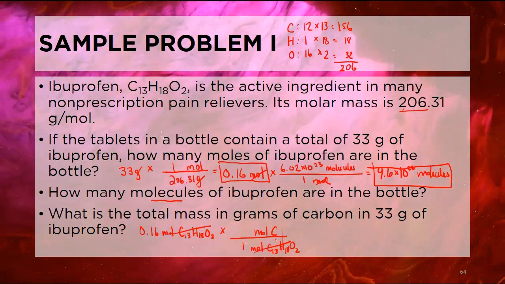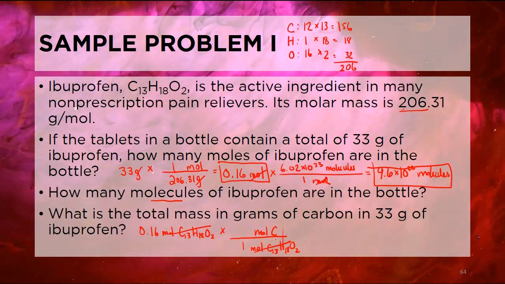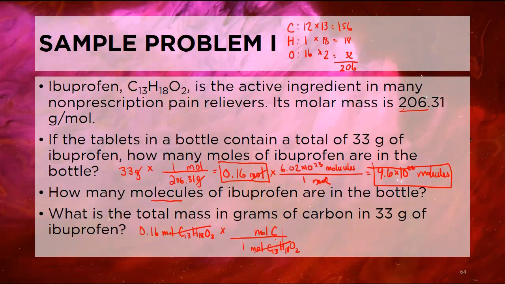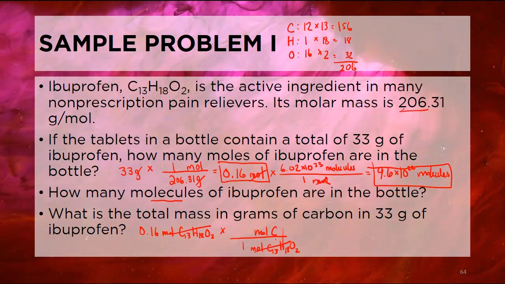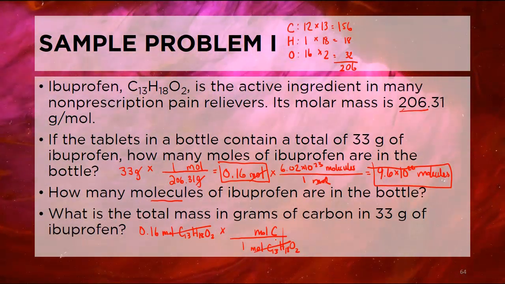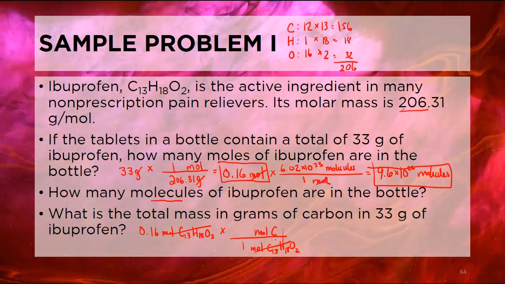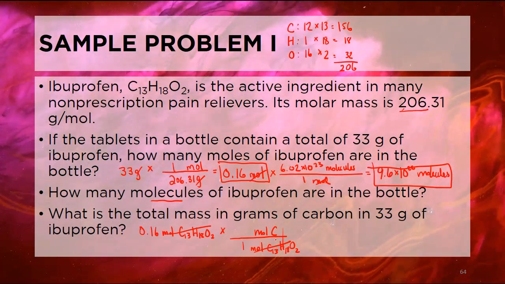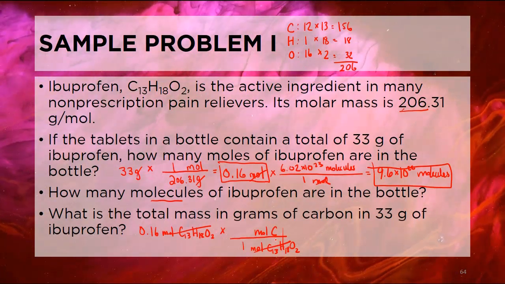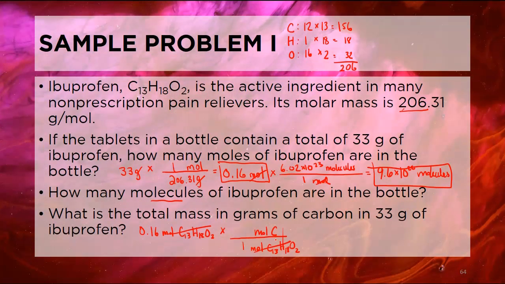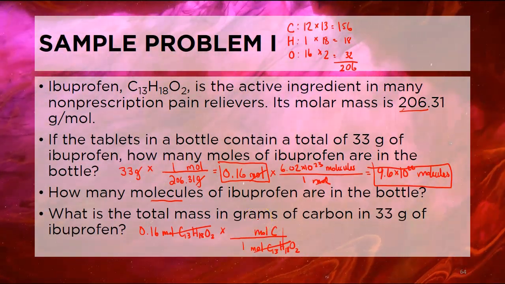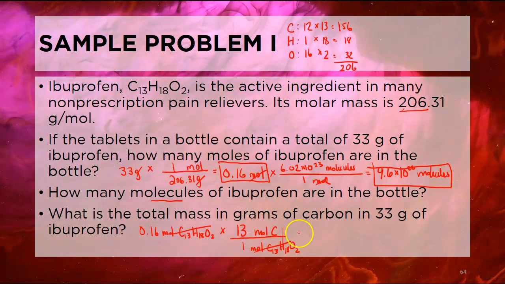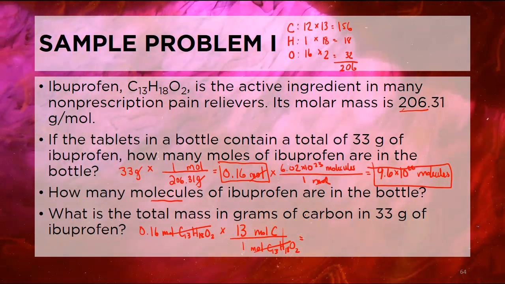If it helps, think of this as a kit or a box. Ibuprofen is like a molecule, it's a set. And in that set, I have 13 carbons, 18 hydrogens, and 2 oxygens. So if I have 1 mole or 1 set of ibuprofen, that means I have 13 carbons in my kit. So if I only have 0.16 moles, I'm going to have a fraction.